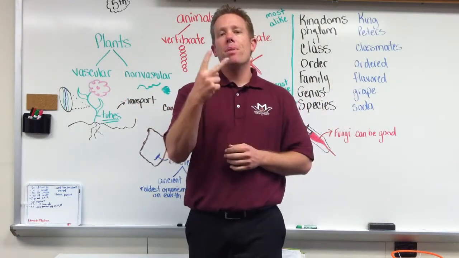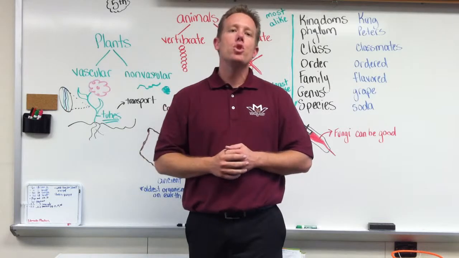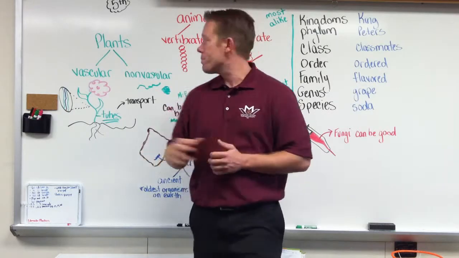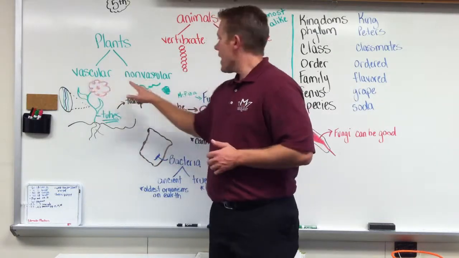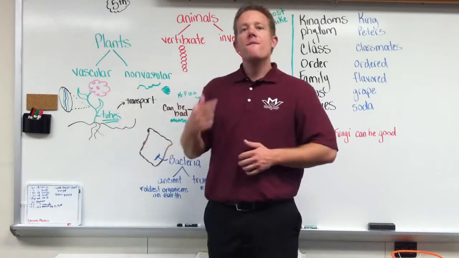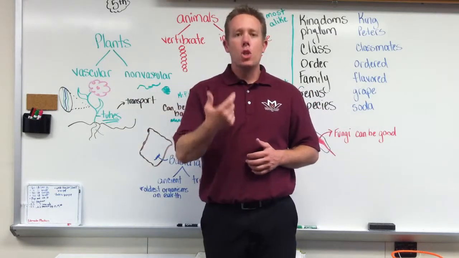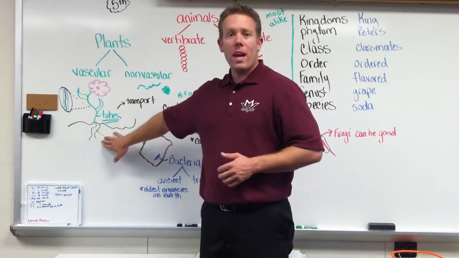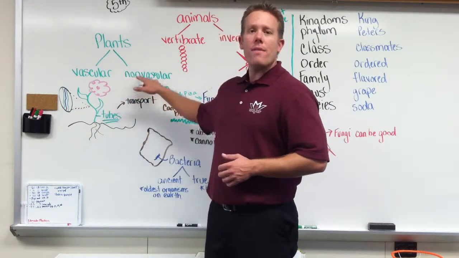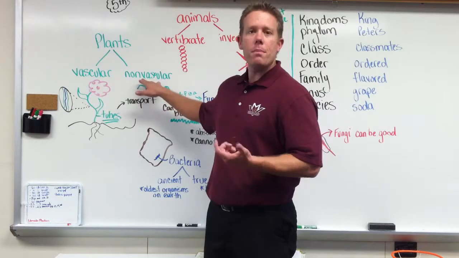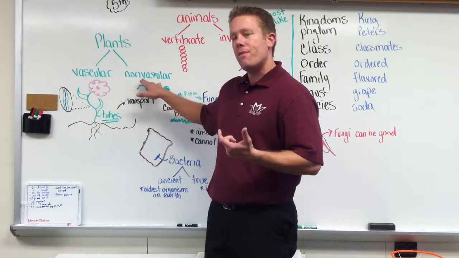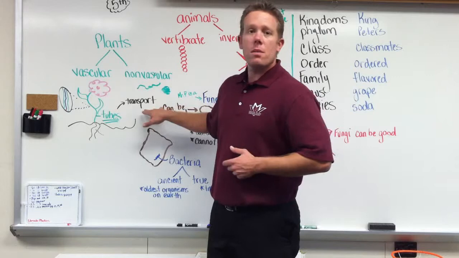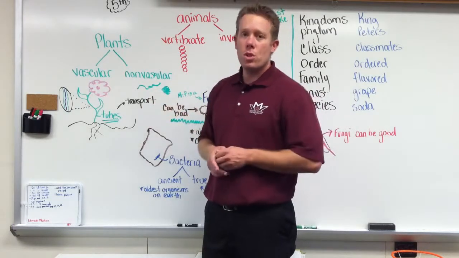In the same way, plants can be divided into two main groups, vascular and non-vascular. Vascular means tubes. So plants with tubes are in one category, and non-vascular, non meaning the opposite of, it's a prefix, is plants without tubes.